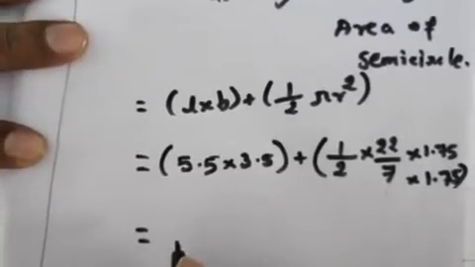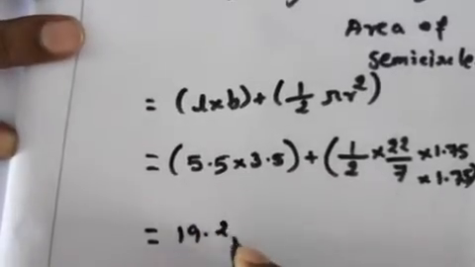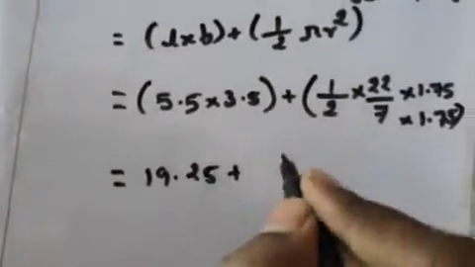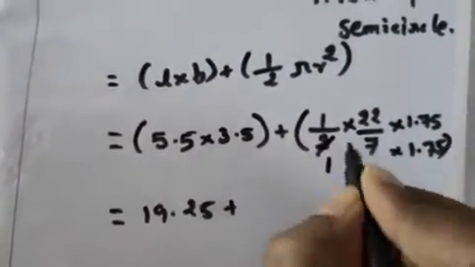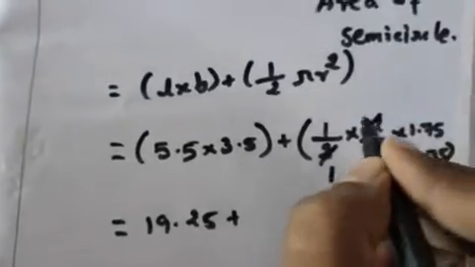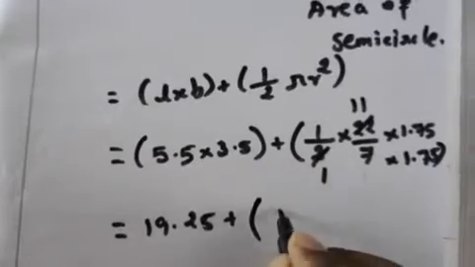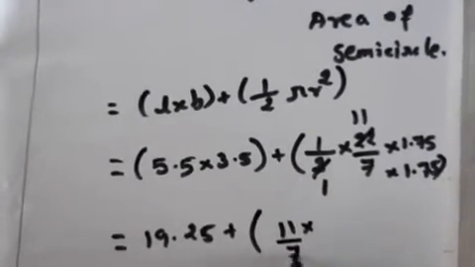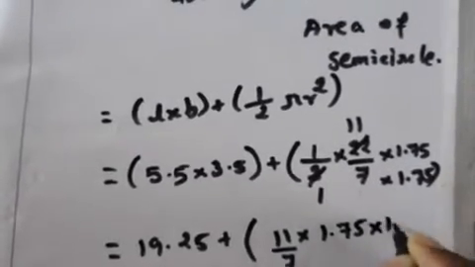We get 19.25 plus, cancel here: 1 2 is 2, 11 2s are 22. So the remaining things are 11 into 11 by 7 into 1.75 into 1.75.